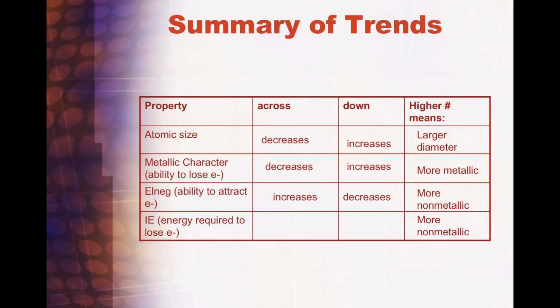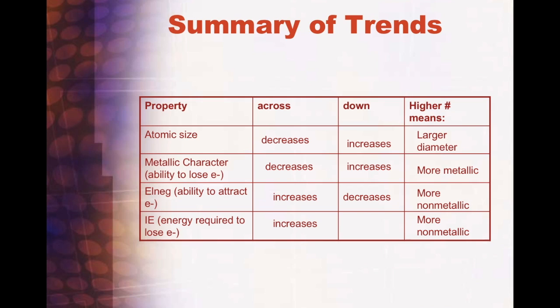Ionization energy: when we have a higher number, it means more non-metallic or less metallic. That's the energy required to lose an electron. And going across the table, ionization energy increases. And again, this is for two reasons.